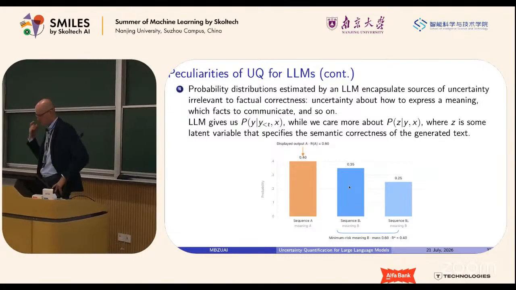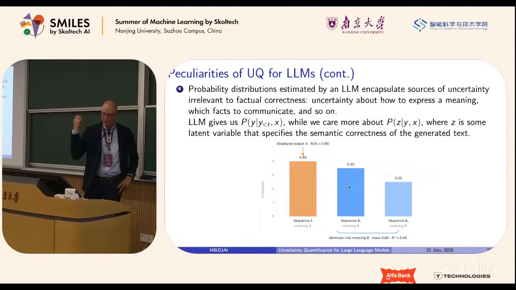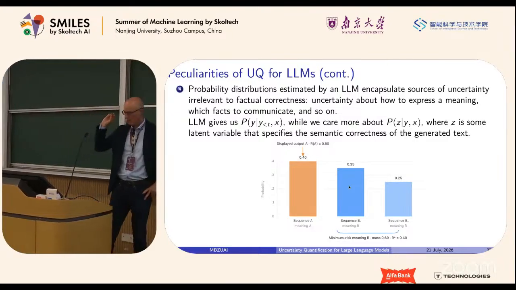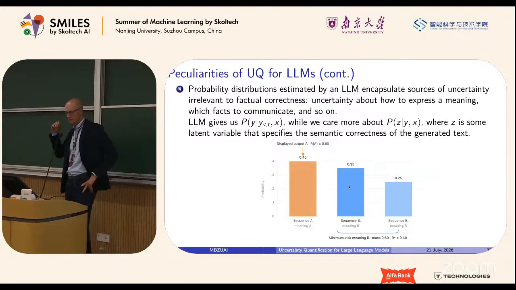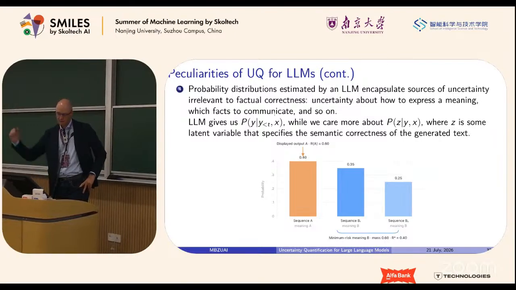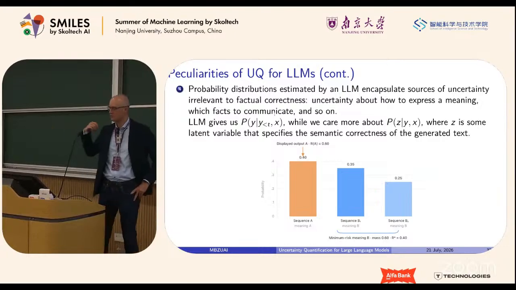you can have a completely different perspective. What the language model gives us is this probability distribution P(y) conditioned on the premises, the prompt, and what was generated so far.